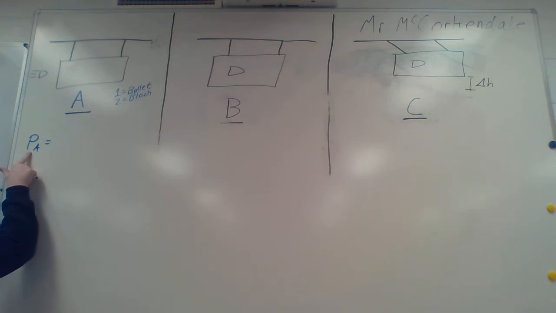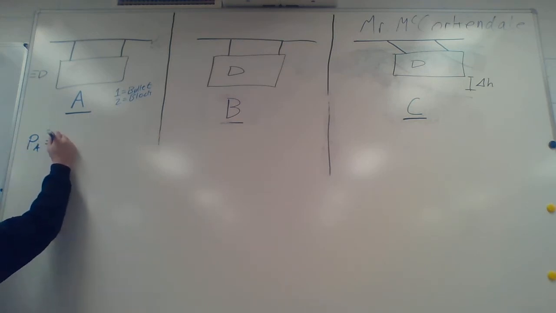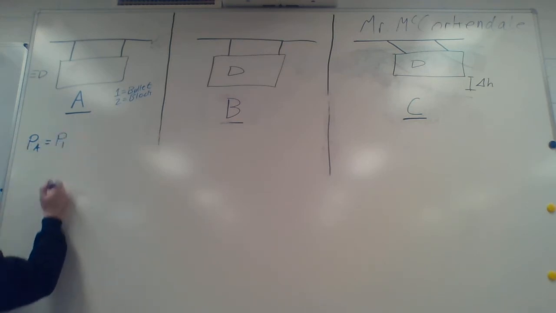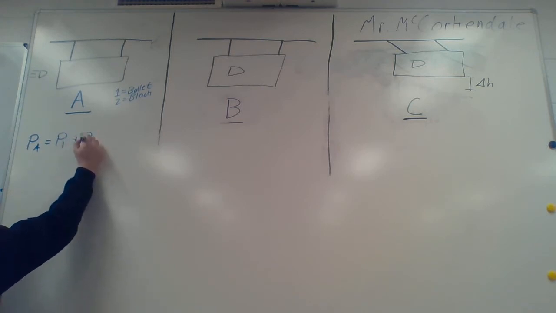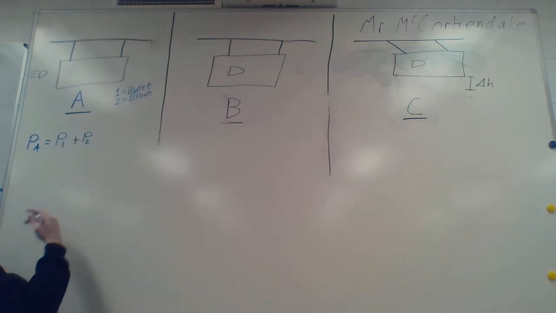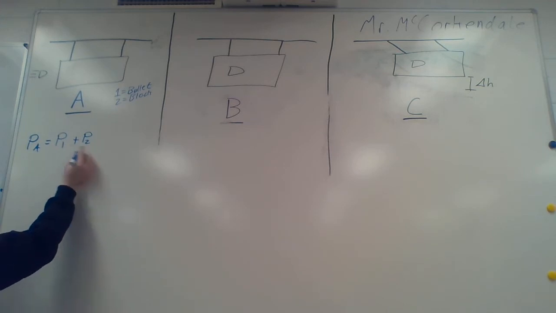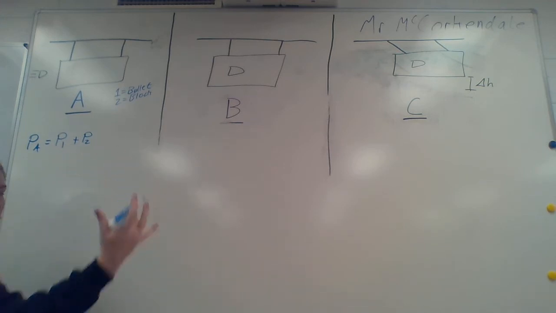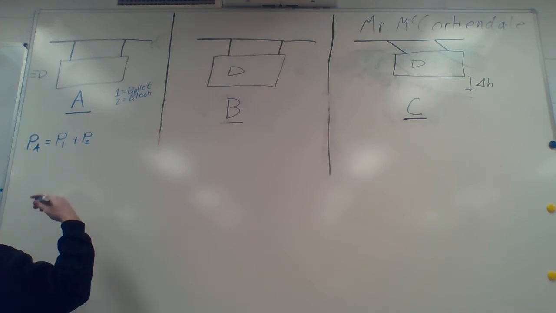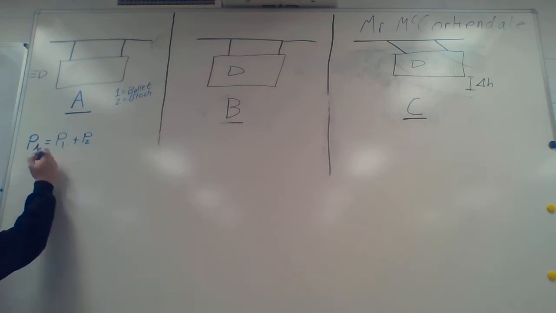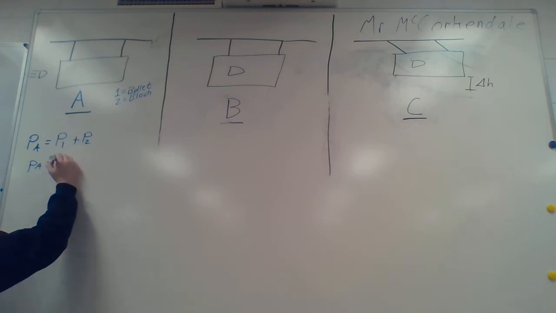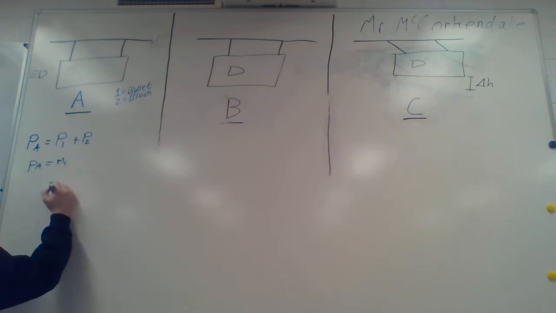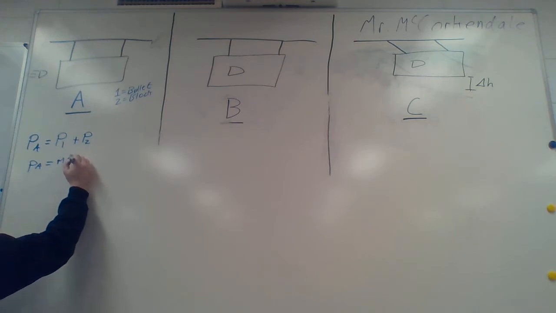So the momentum at point A is going to be equal to the momentum of the bullet plus the momentum of the block. Now we can calculate that, or we can sub in the actual momentum equation, which is P equals mv. So PA is going to be equal to the mass of the bullet times the velocity of the bullet at point A. That's important.